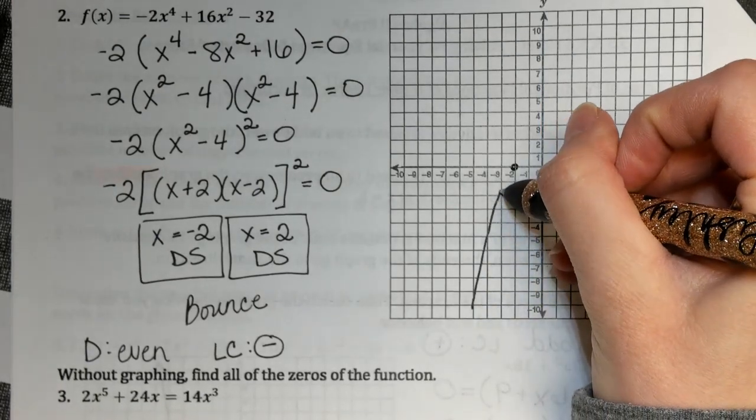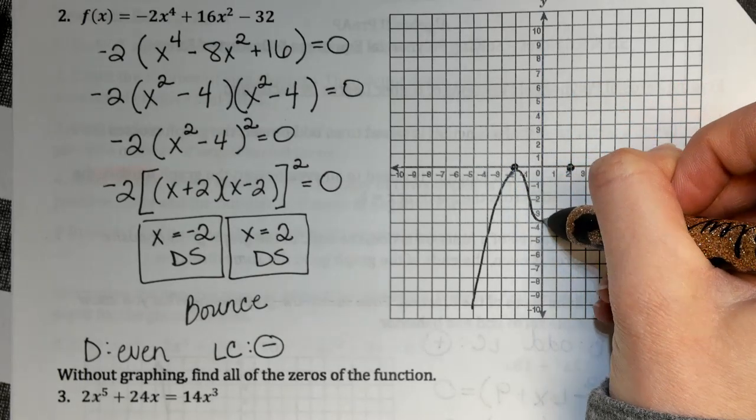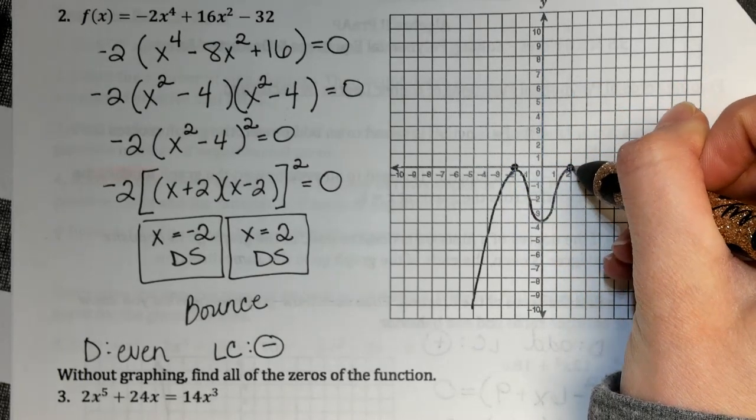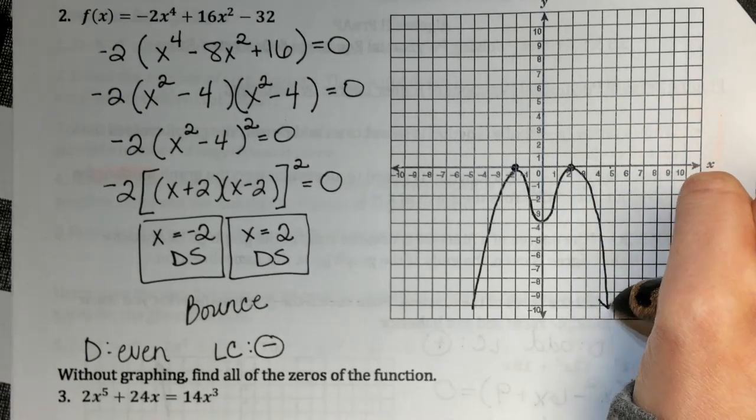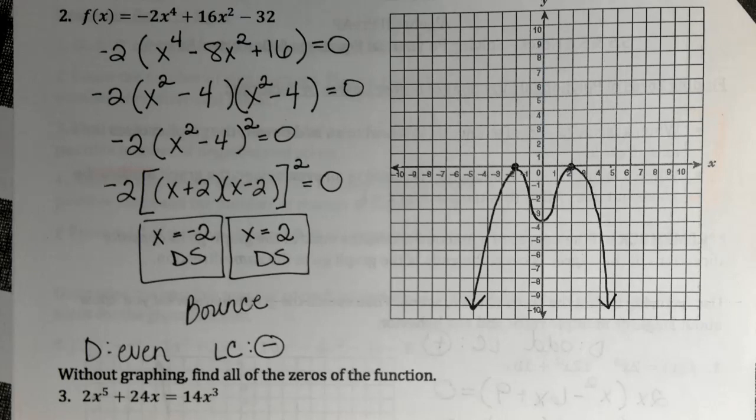Am I going to cross or bounce? Bounce. Go down, but then somewhere I'm going to have to come back up. Bounce again. Okay? Make sure you have arrows. Okay, y'all good with that? It should be easy. Okay?